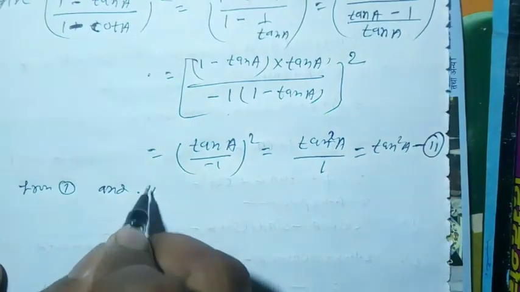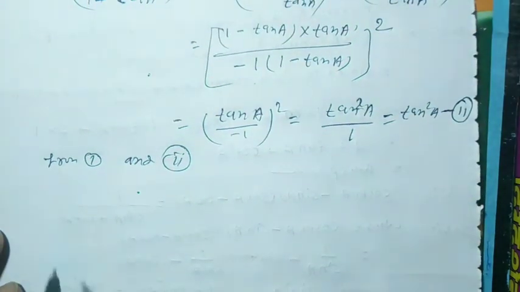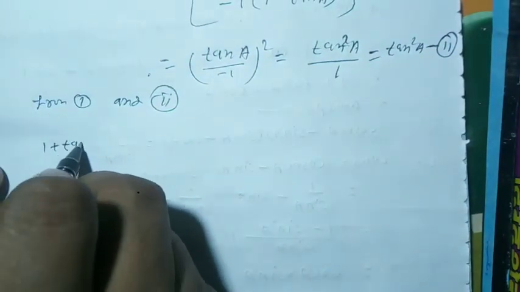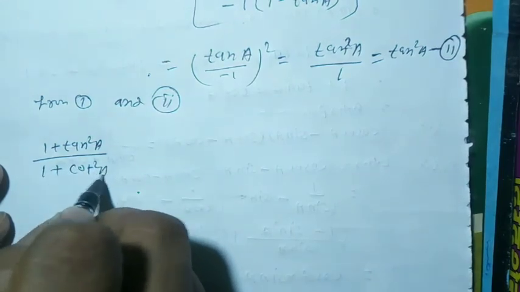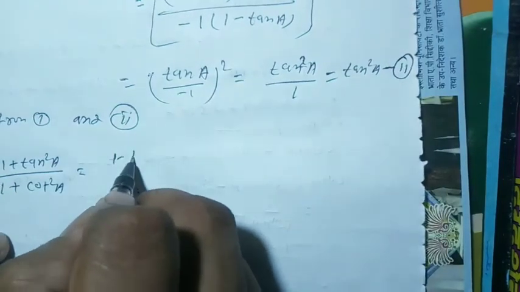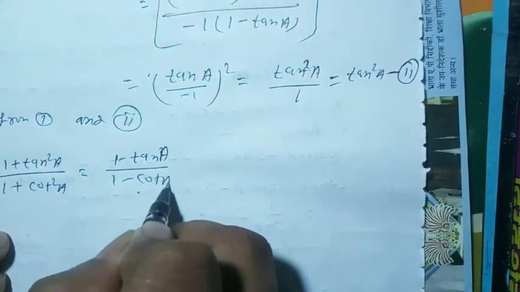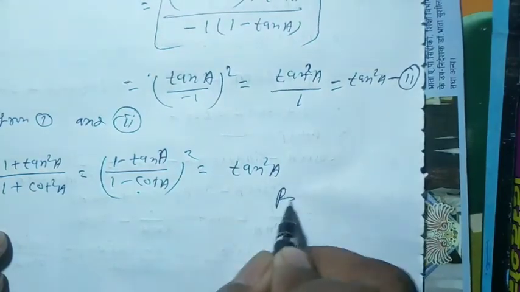From equation 1 and 2, we get (1 + tan² A)/(1 + cot² A) = ((1 − tan A)/(1 − cot A))² = tan² A. Proved.